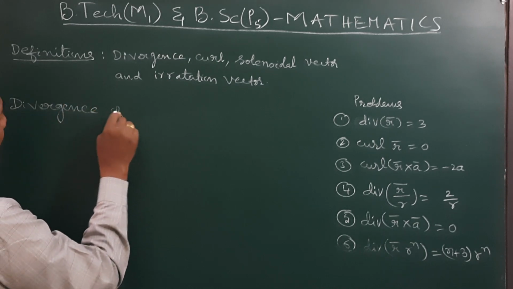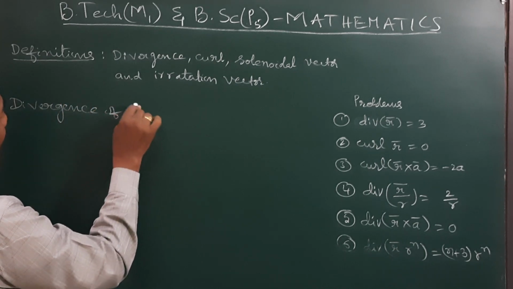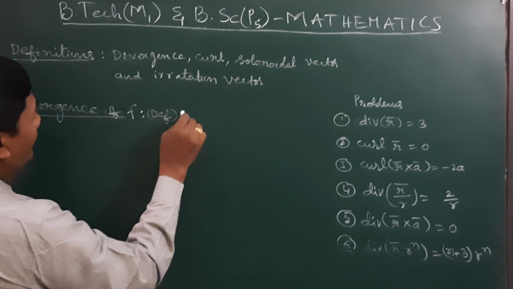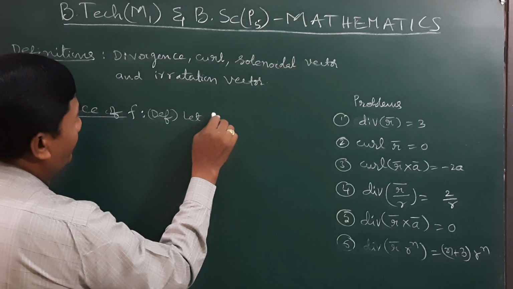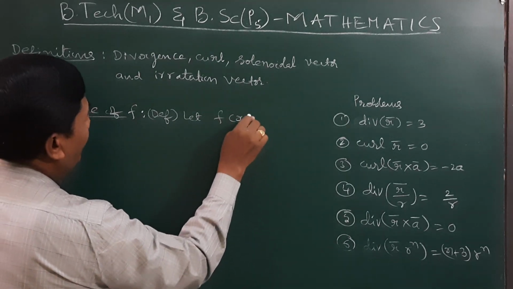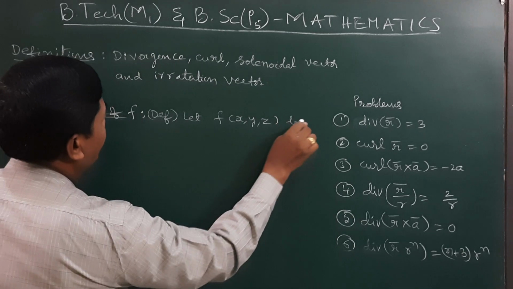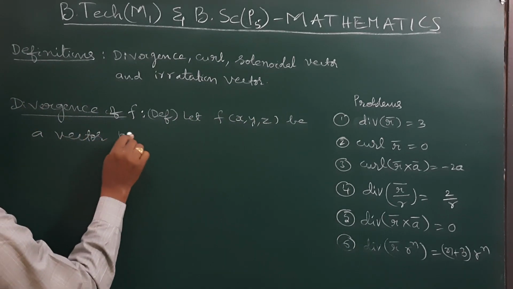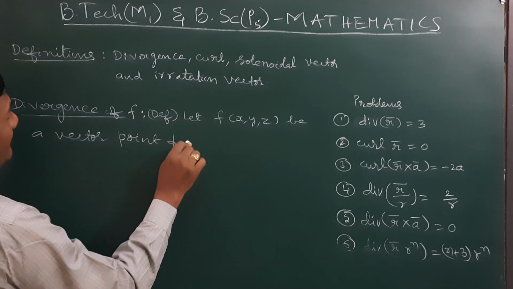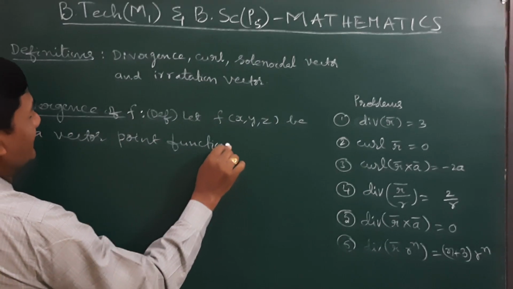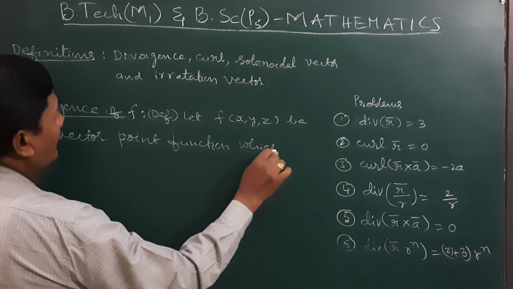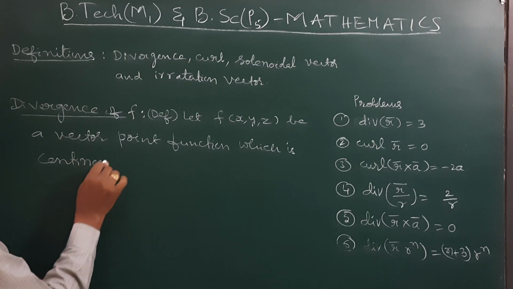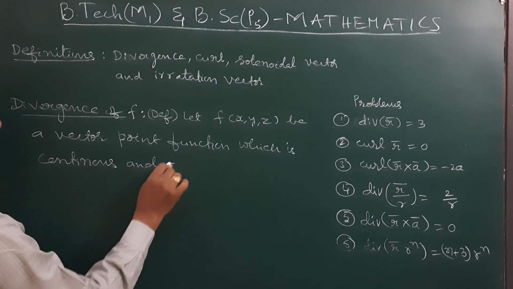Divergence of f. Definition: let f of x, y, z be a vector point function which is continuous and derivable.